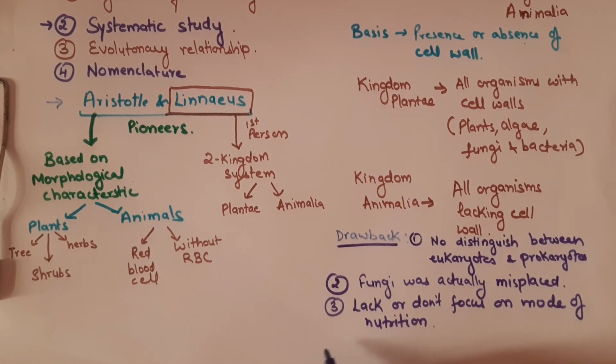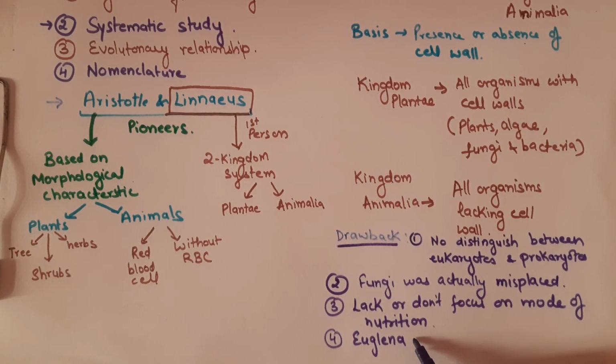And the last drawback of the two kingdoms system is that there are certain organisms, for example Euglena. It has characteristics of both plants and animals, so it is not easy to place.